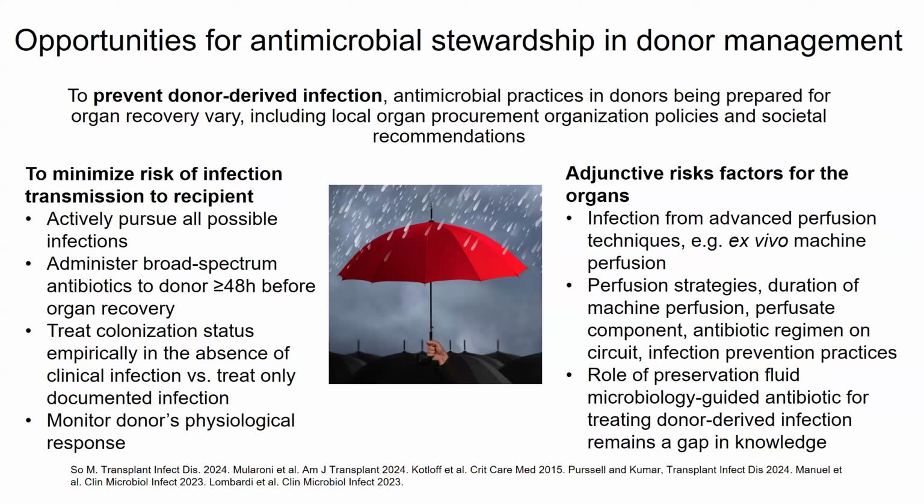For example, ex vivo machine perfusion, perfusion strategies, the duration of the perfusion, the perfusate components, and the antibiotic regimen that's given on the circuit, as well as the infection prevention practices for the perfusion techniques could also play a role in terms of these risks to the recipients.